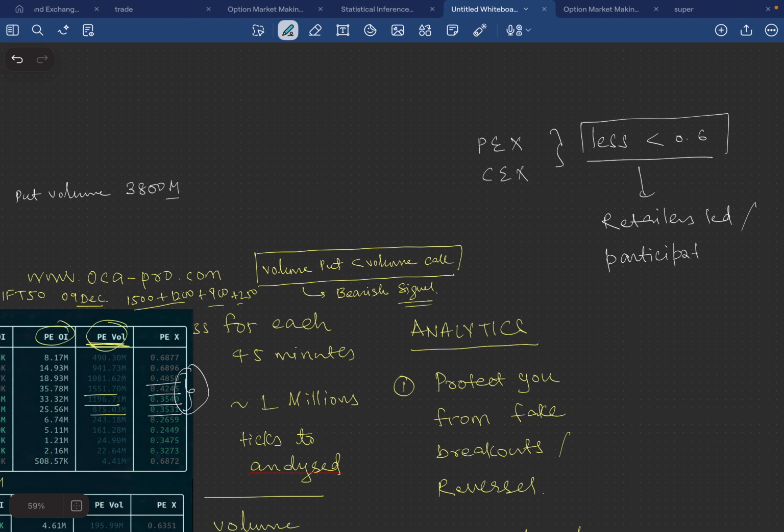So we can say that retailers are there, or in general there is not much put writing activity, so the market is not going to get good support from this point and for those particular strikes.